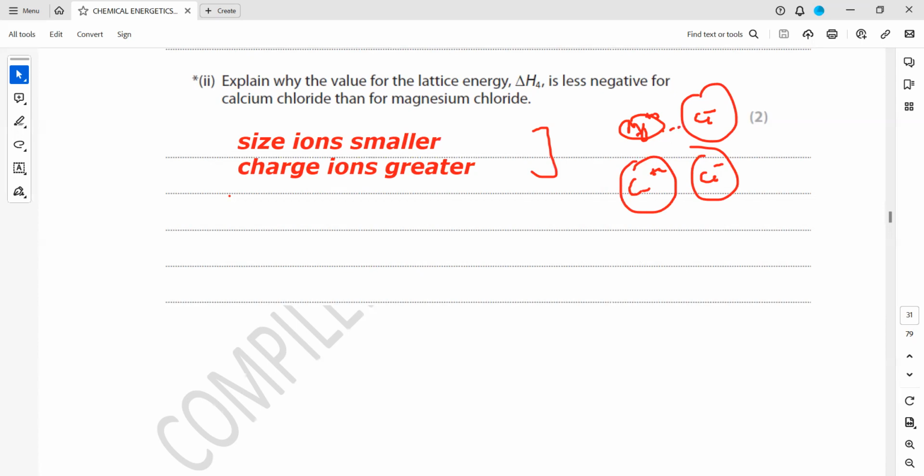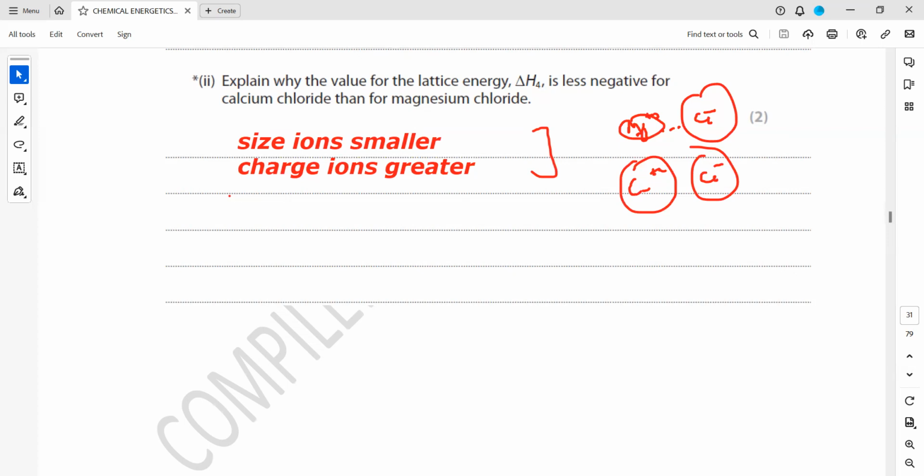To score the marks, you can also mention charge density. So magnesium has a higher charge density, or a greater charge density, you can also say, or magnesium is smaller in size. So it will have a greater attraction towards the chloride ion. Stronger attraction means more energy required to separate the ions from each other.